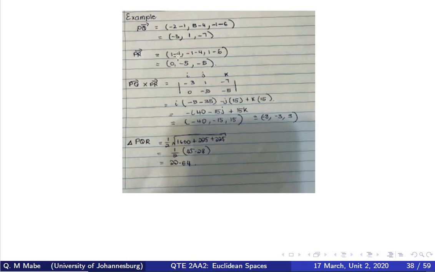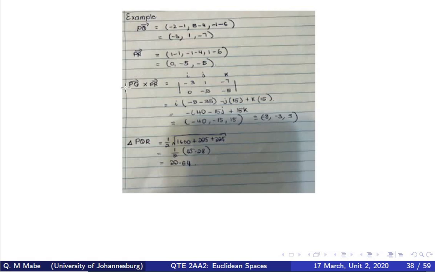And PR is the terminal point, which corresponds to the components of R, that will be 1 minus 1, negative 1 minus 4, 1 minus 6. So we get that PR is 0, negative 5, negative 5. Remember, what we're doing here is that we subtract the initial point from the terminal point.